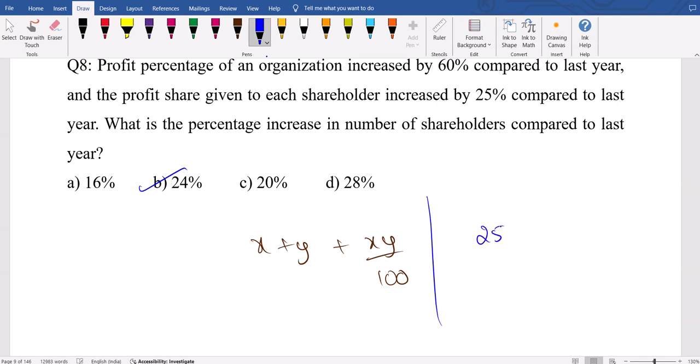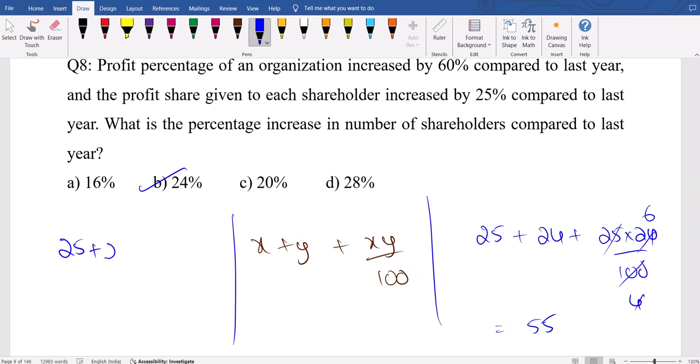Let's say using options, 25 plus 24 plus 25 into 24 divided by 100. This will give 6 only. 49 plus 6 is 55. We are not getting 60. Okay. And the other one, 25 plus 28 plus 25 into 20 divided by 100.